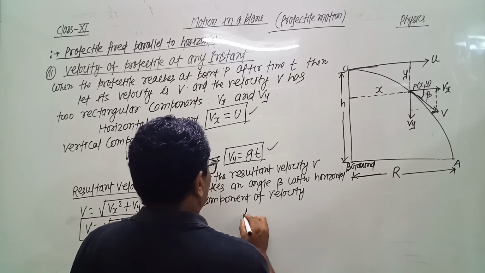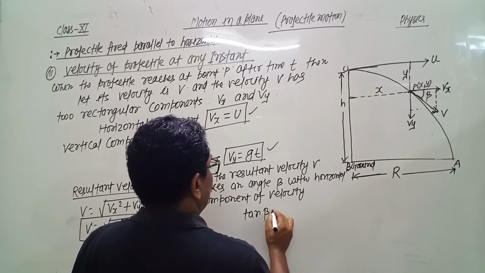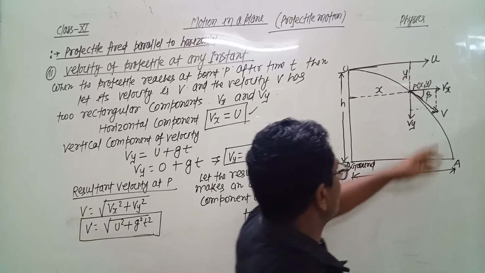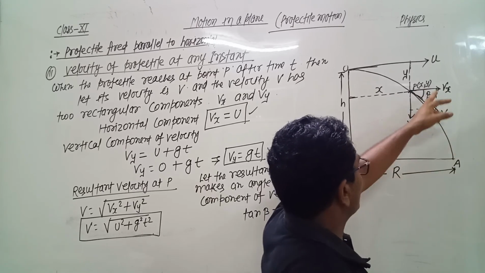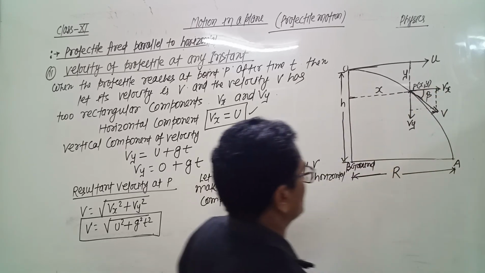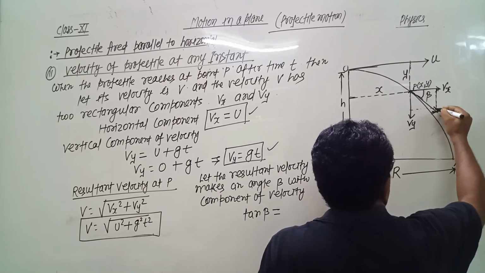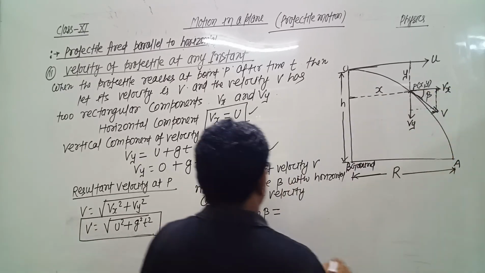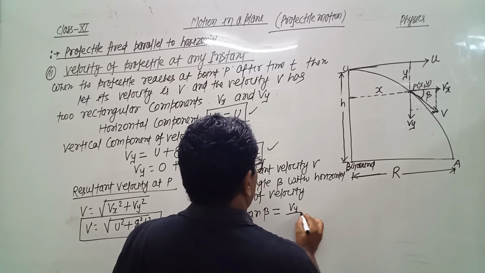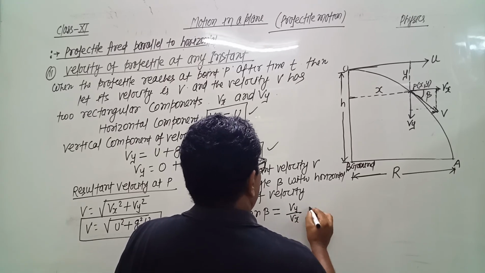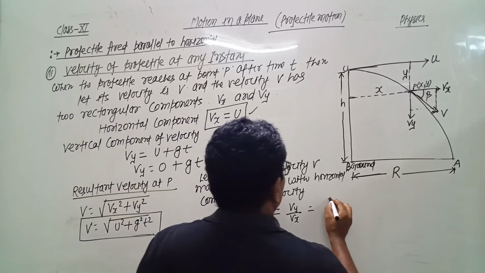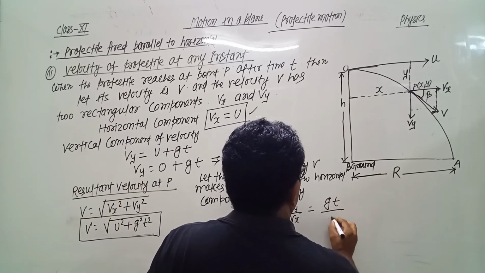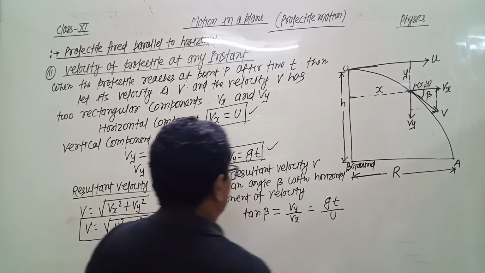In this triangle we can write tan beta equals perpendicular upon base. The perpendicular is Vy and the base is Vx. So Vy upon Vx, where the value of Vy is gt and the value of Vx is u, the horizontal velocity.